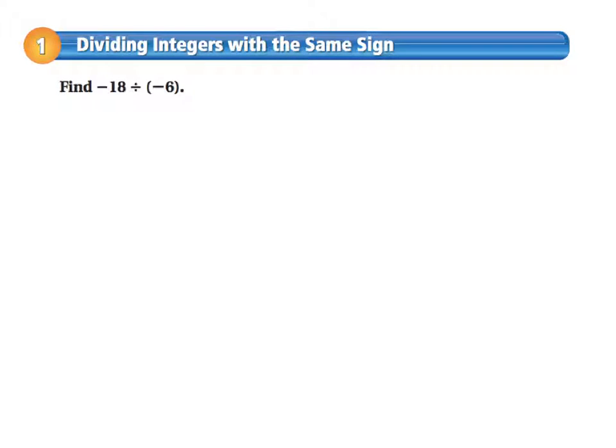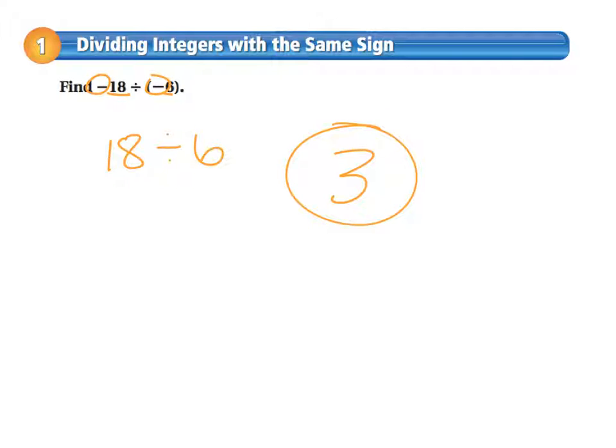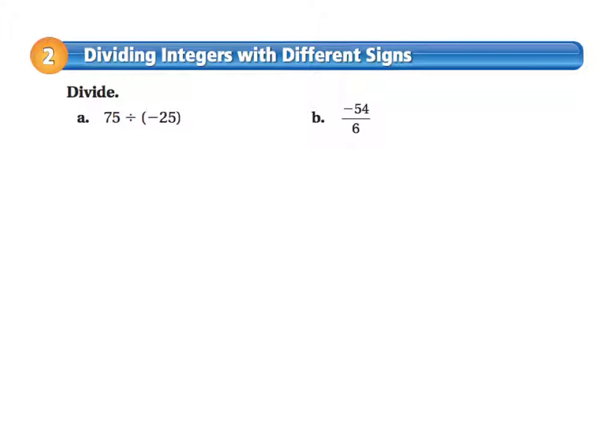But the nice thing is dividing was just like multiplying. It's the same thought process. First, divide the numbers. 18 divided by 6 is 3. Because they're both negatives, our answer is positive 3. Same with these next two problems. 75 divided by 25 is 3.